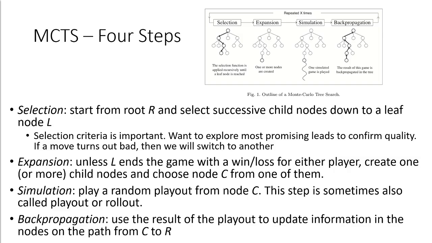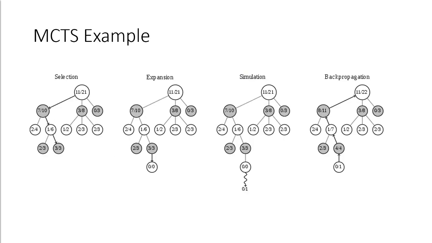So this search tends to favor the most promising nodes. So here is an example of this. So the scoring that's shown here, whether we have the white circle or the gray for black, this is showing the denominator is the number of games played from the perspective of that node.